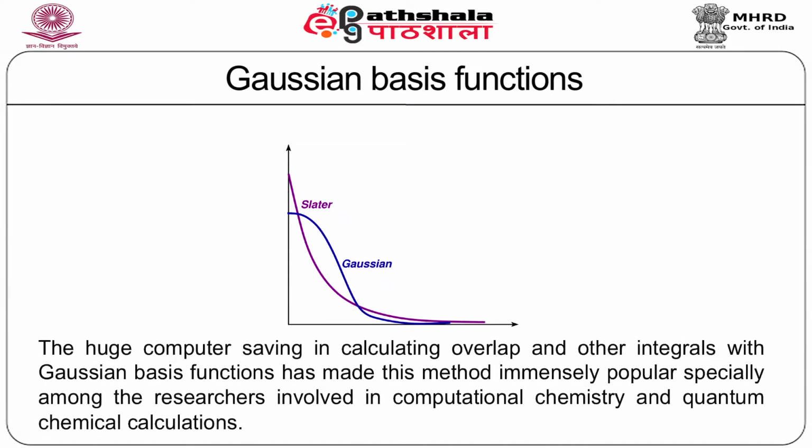The huge computer saving in calculating the overlap and other integrals with Gaussian type basis functions has made this method immensely popular, especially among researchers involved in computational chemistry and computational quantum chemical calculation.